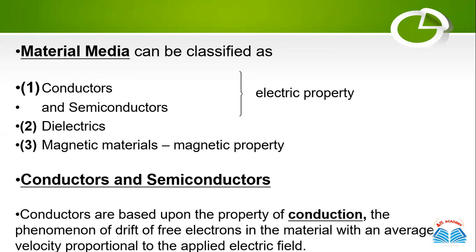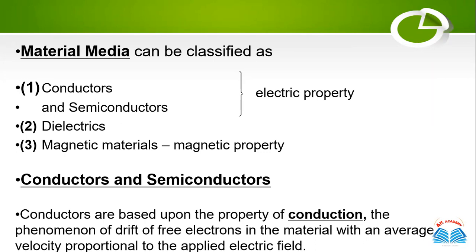So the definitions, you already know what conductors and semiconductors are. Basically conductors are based upon the property of conduction. That means they have free electrons, and current can pass through them due to the drift of those free electrons in the material.